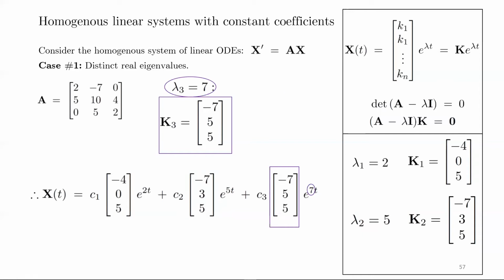So again, it's really important that you know how to find eigenvectors and eigenvalues for this part of the class, and feel free to revise if you don't recall that.